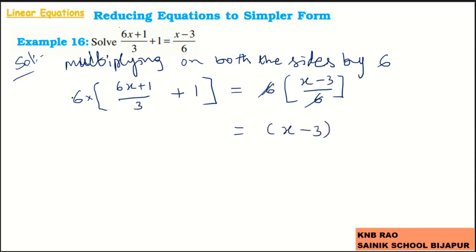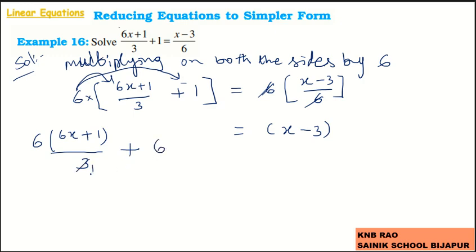Whereas in left hand side I have got a binomial, two terms, where 6 is multiplying to each. So, by distributive property, 6 of 6x plus 1 upon 3 plus 6 into plus 1 gives you plus 6. Now, this 3 cancels this 6 and gives you 2 times of 6x plus 1 plus 6 equal to x minus 3.